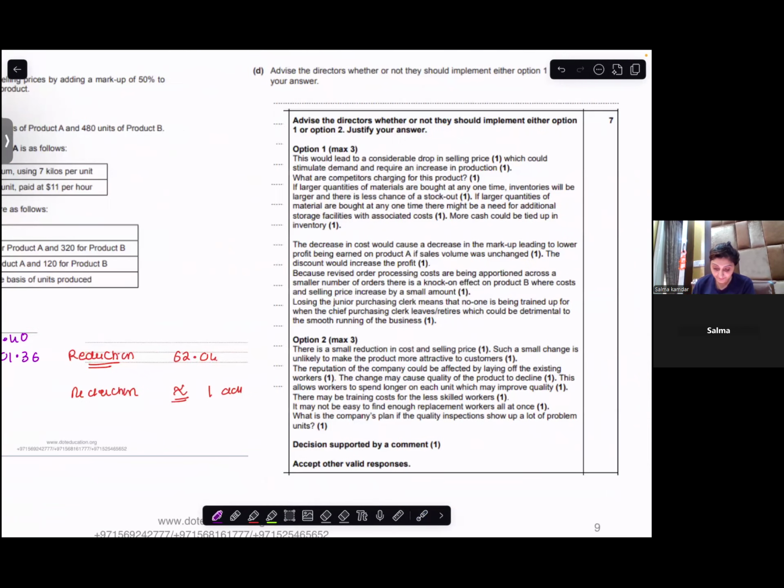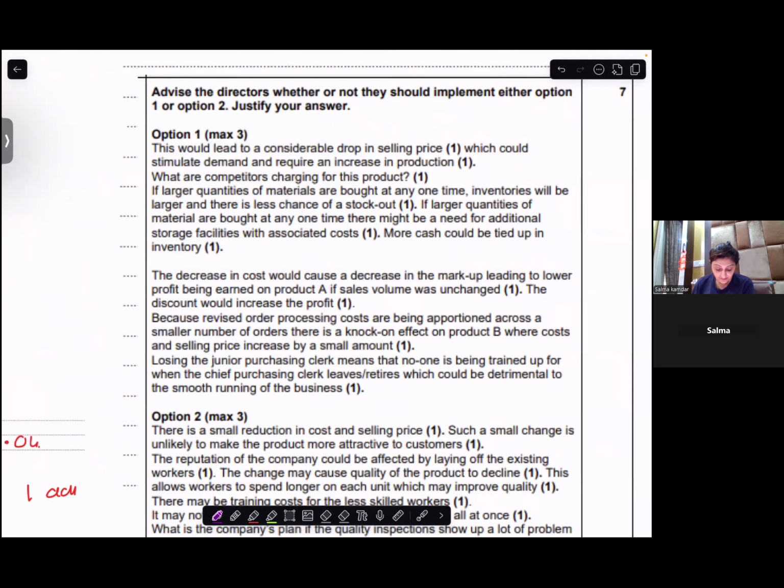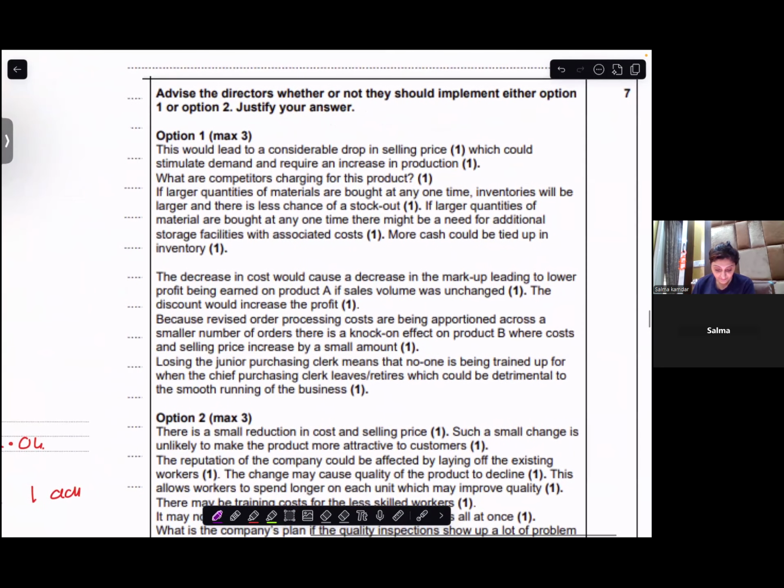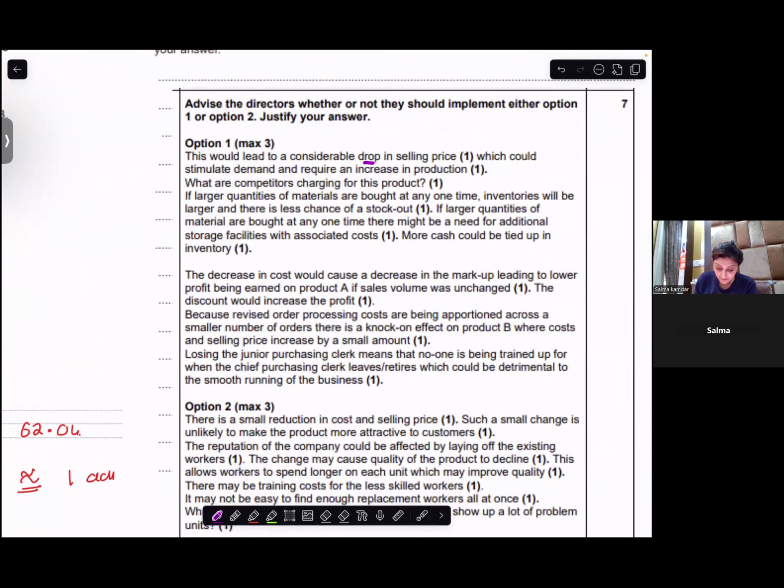Come on, tell me. Okay, for the production inventory stored is... You've already given 2 advantages. Now speak about 1 disadvantage, right?